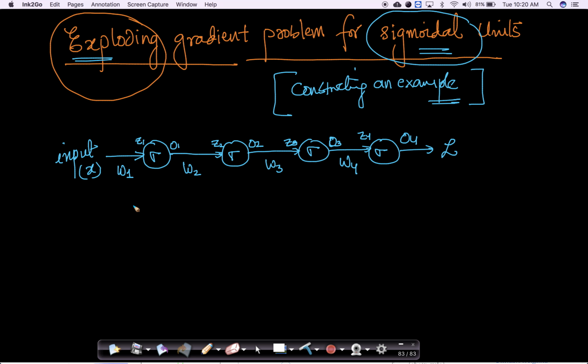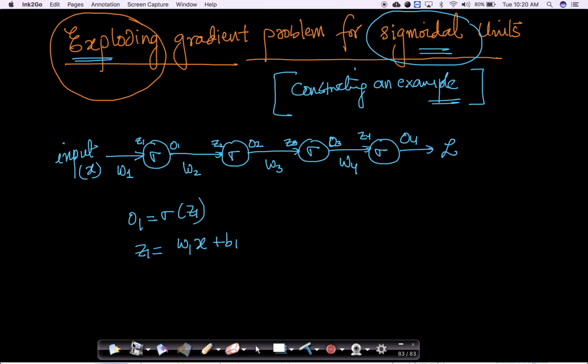Now it's very simple. What is my O1? My O1 is sigmoid of Z1. And what is my Z1? My Z1 is W1 times X. Let's assume there are also biases to each of these activation units.